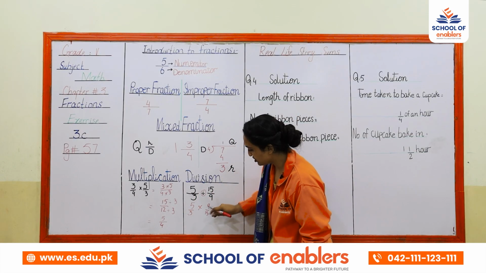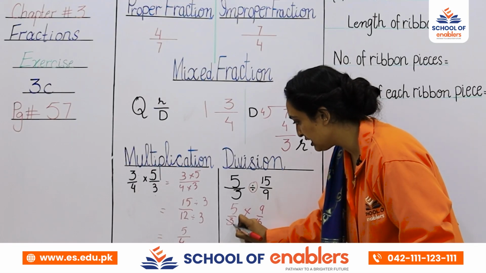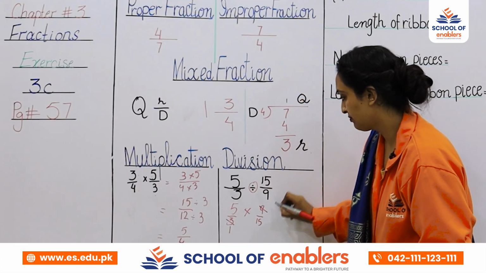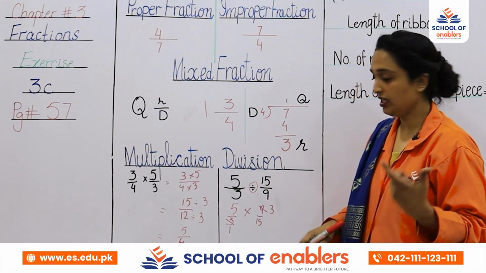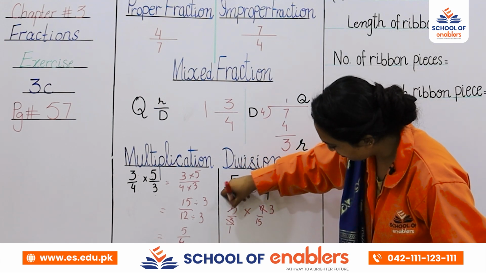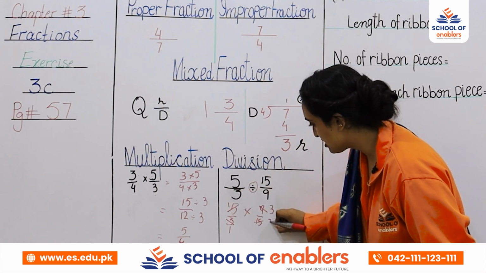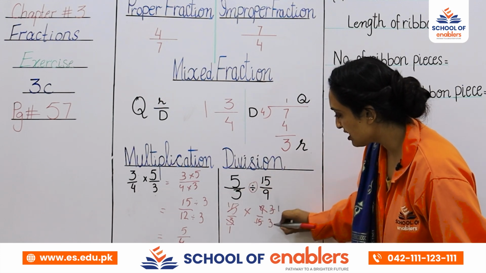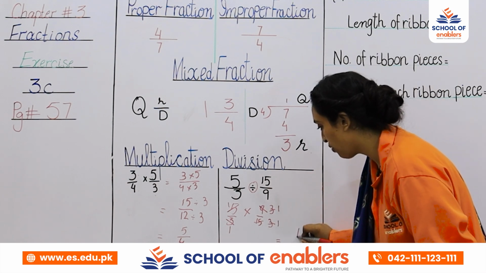Before that, we can change these fractions into lowest form. So I will cut 3 by 1, and I cut 3 and 9 with 3, and then we can cut 5 and 15. 5 ones are 5, 5 threes are 15. So 3 ones are 3, 3 ones are 3, and we will be left with just 1.